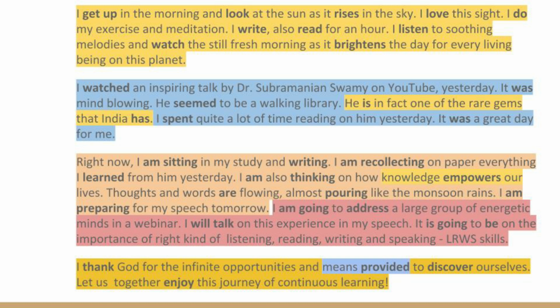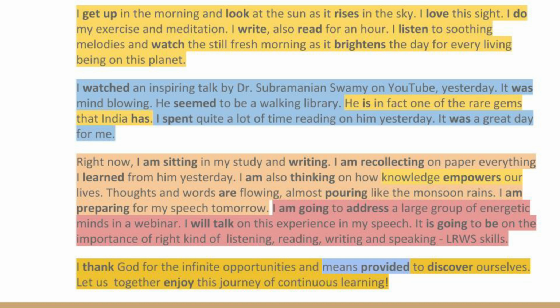Okay. So in this passage, the first paragraph talks about facts, the routine one. That is the present tense. The blue talks about the past, which is already finished, right? And the light pink talks about what is happening now, at the present moment as we are talking.